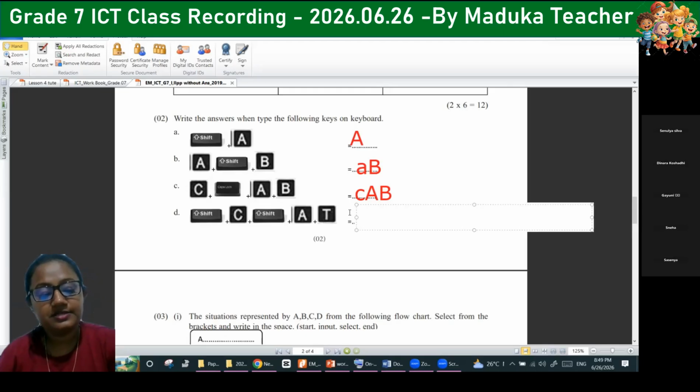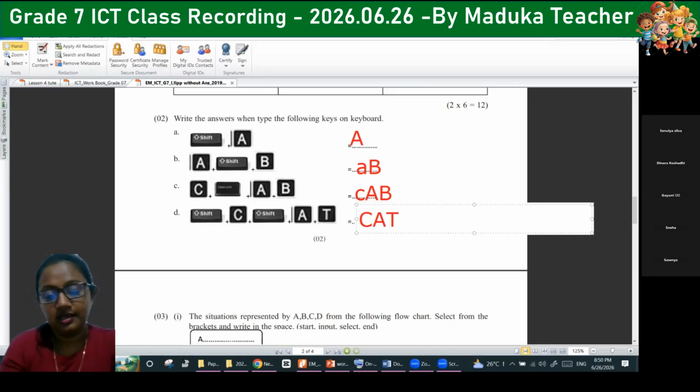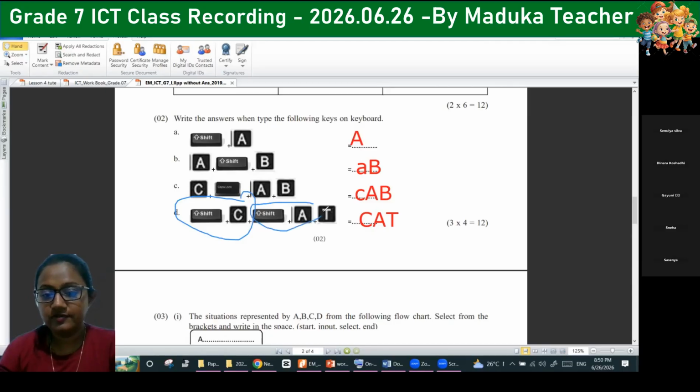We can press the Shift key along with the C, meaning capital C. Again, Shift key with A and T, right? Here we can say this one. And also if you think we press these two keys together and these two keys together, then we can say the answer as capital C, capital A and simple T, right? But the correct answer is this one. Okay?